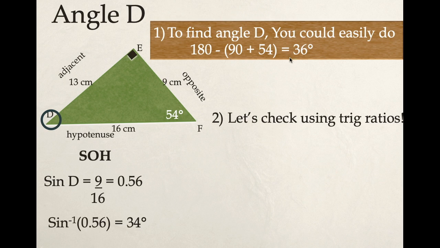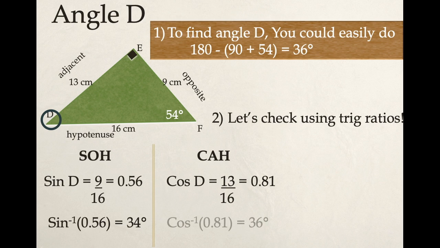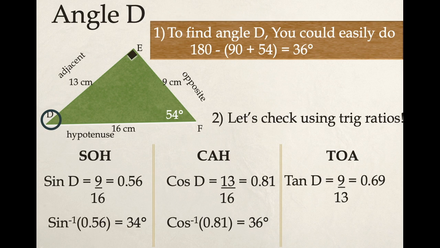We're aiming for 36 degrees, but once again, don't worry, especially with rounding, you will get similar yet different answers. If we were to use cosine and do adjacent over hypotenuse, which is 13 over 16, we would get that the cosine is 0.81, but the inverse cos, which is what we want, is 36 degrees. And lastly, you could have again used TOA, especially because we have all of the sides.